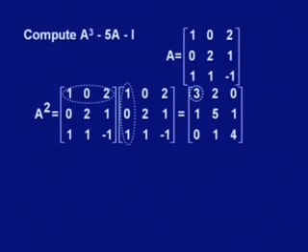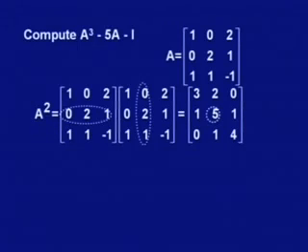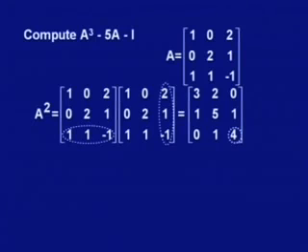To compute this, if we multiply the first row and the first column of A, we get the element 3, and when the second row is multiplied by the second column, we get the element 5 in the product matrix, and the next element, third row, third column, gives 4. Similarly, other elements can be computed.